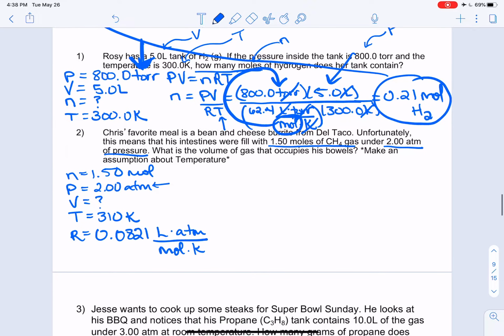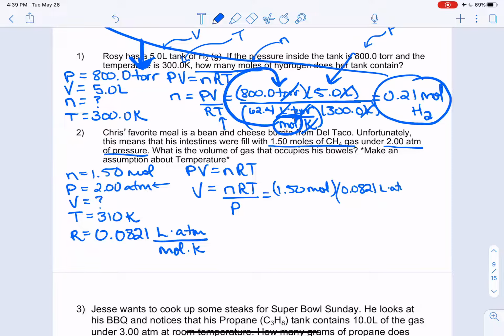Now we need to rearrange our equation. So we have PV equals nRT, and we're solving for V. So V equals nRT over P, and now we can just plug in. So n is 1.5 moles, and R is 0.0821 liters times atm divided by moles times Kelvin.